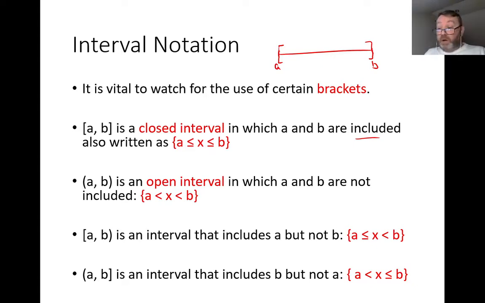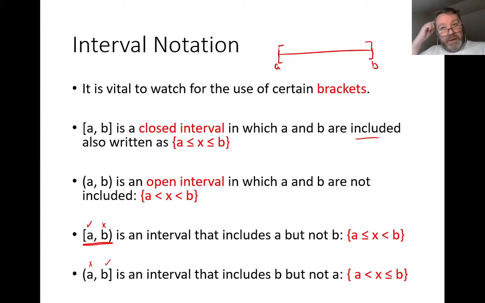And that's called an open interval. Then if we take the two and mix them together, you can see this one here, square bracket A, round bracket B: include A, do not include B. And finally, round bracket A, square bracket B: include B, but do not include A.